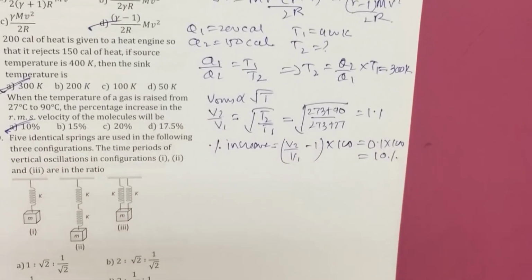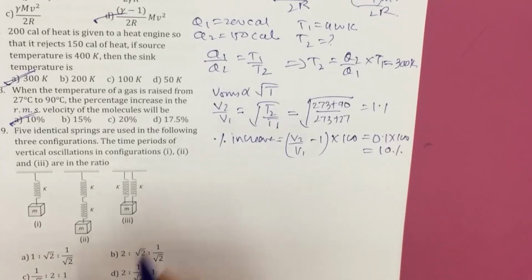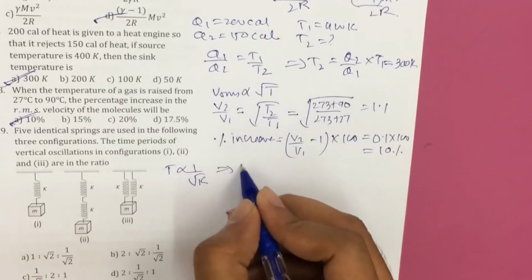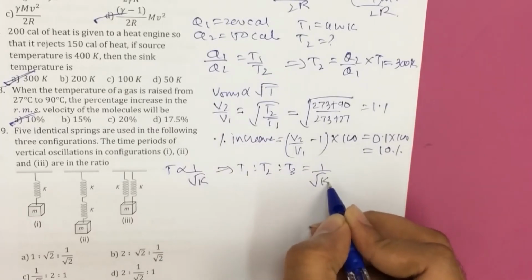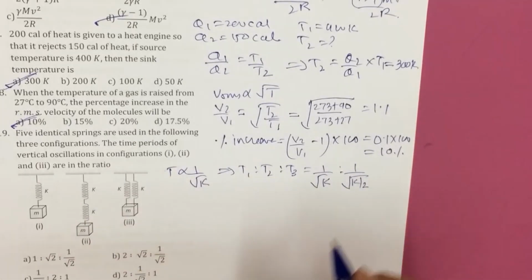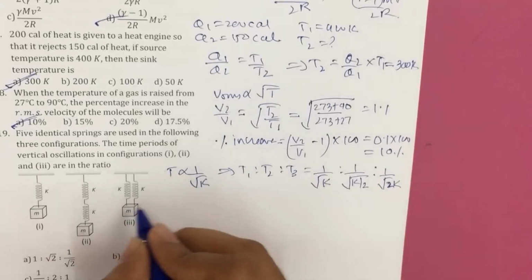Question 19. 5 identical springs are used in the following 3 configurations. The time period of vertical oscillation in configurations 1, 2 and 3 are in the ratio. So basically the ratio of the time periods of each of the configurations. Now time period T is inversely proportional to root of K. So T1 is to T2 is to T3 would be equal to 1 upon root of K is to 1 upon root of K by 2, as this is in series, is to 1 upon root of 2K for the parallel combination.